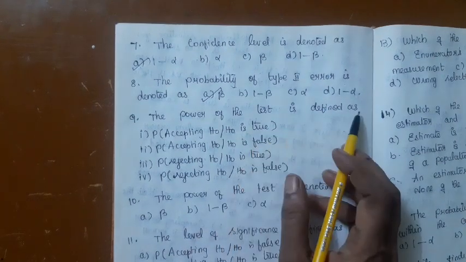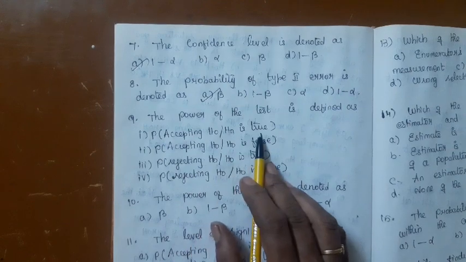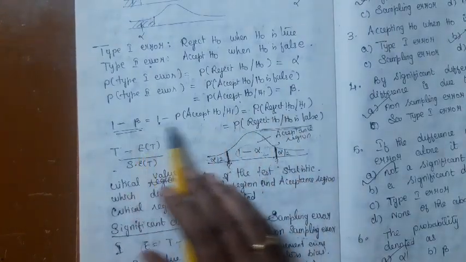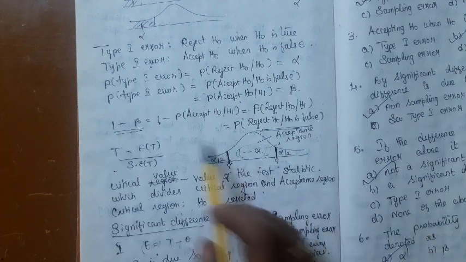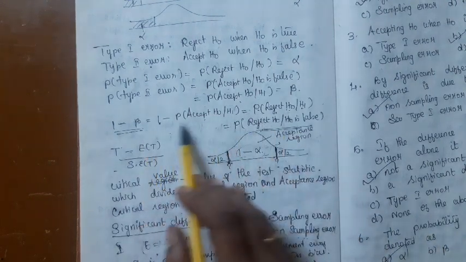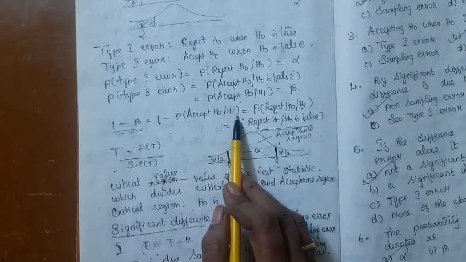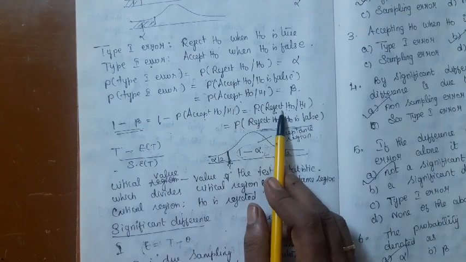The power of a test is accepting H0 when H0 is true. Is it correct? The power of the test is rejecting H0 when H0 is false. 1 minus beta is 1 minus the probability of accepting H0 when H1 is true. 1 minus the acceptance region is the rejection region.